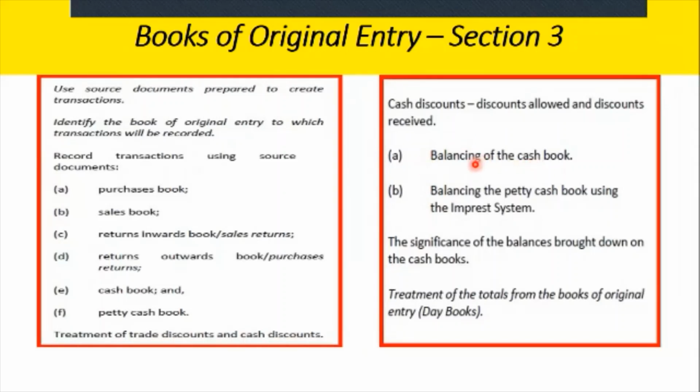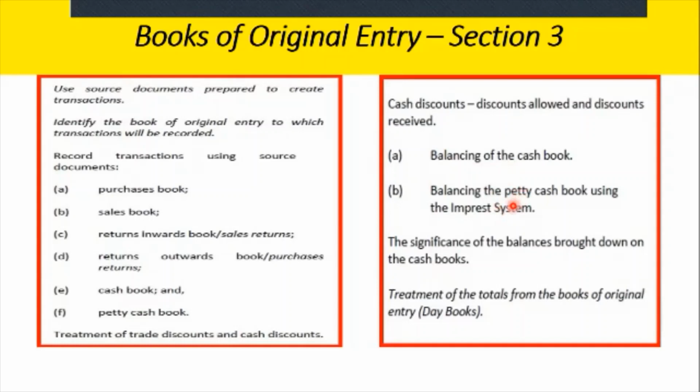Balancing of the cash book, okay? This normally carries 4 or 5 marks sometimes in an exam. And it's a simple affair. I think I have a lesson on that in the Form 4 classroom. I'll see if I put it over in the Form 5 classroom as well. And there is a video on the YouTube channel with it as well.